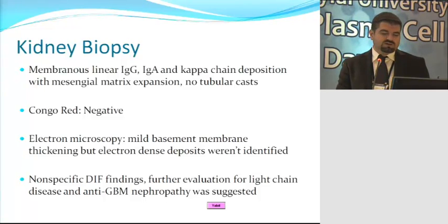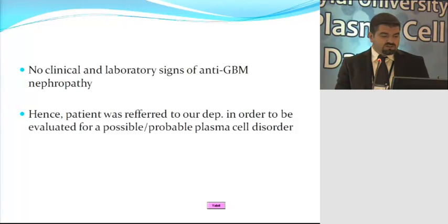No tubular casts were seen. Congo red was negative. Electron microscopy revealed mild basement membrane thickening, but electron dense deposits weren't identified. Non-specific DIF findings; further evaluation for light chain disease and anti-GBM nephropathy was suggested. There were no clinical and laboratory signs of anti-GBM nephropathy, hence the patient was referred to our department in order to be evaluated for a possible plasma cell disorder.